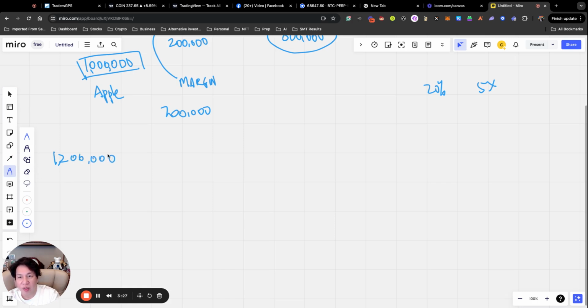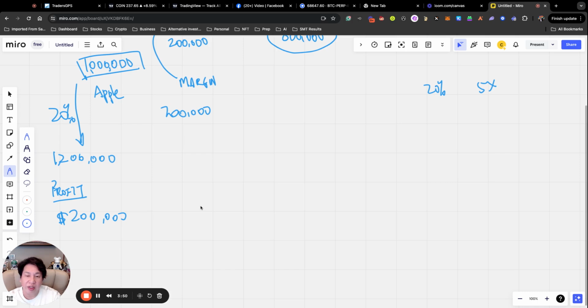If you calculate the profit, it will be 1.2 million minus 1 million, so the profit will be 200,000.